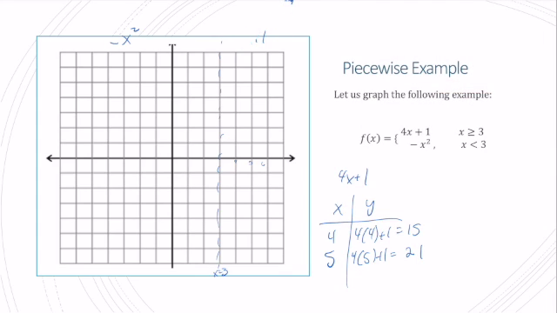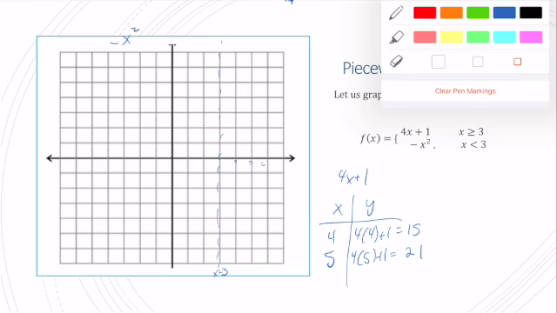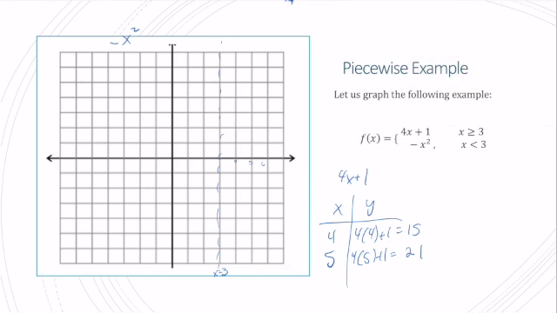How about that? So let's use a scale of, how about 4? So I have 4, 8, 12, 16, 20, 24, 28.